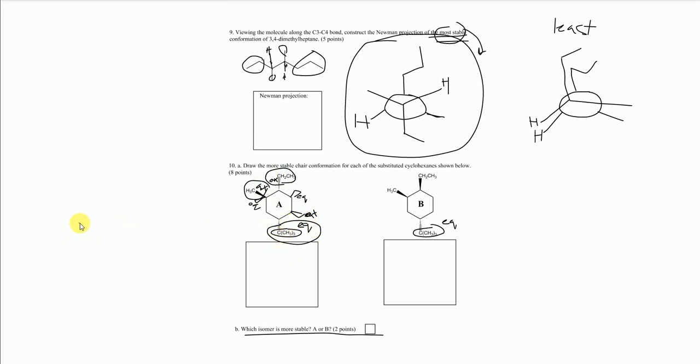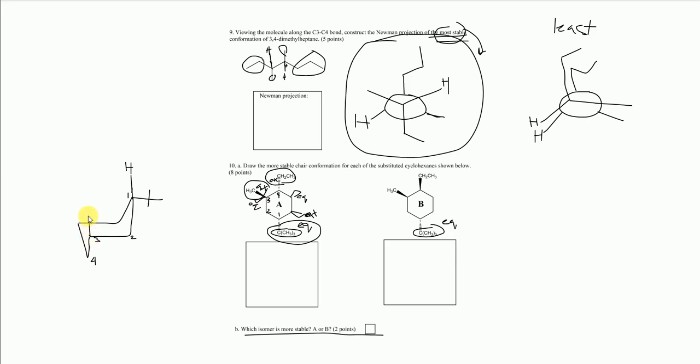So what does my chair look like? All right, so I'm gonna number this. Now it's not very clean, but I'm gonna number this 1, 2, 3, 4. I'm going clockwise. So on 1 I have my T-butyl group on equatorial. So amazing. And then on 2 nothing, and then on 3 I have this on axial.